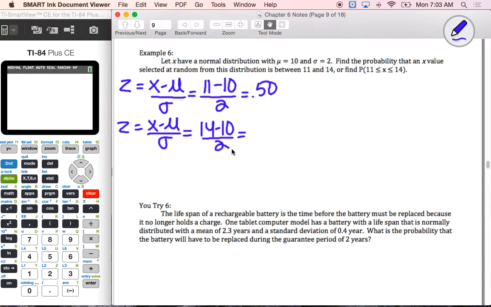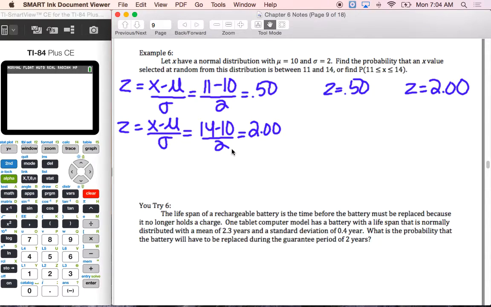And then 14 minus 10 over 2 will give us 2. Remember, your z values in your table are 2 decimal places. So now what you want to go to is your table. You want to look for when z is 0.50 and when z is 2.00.